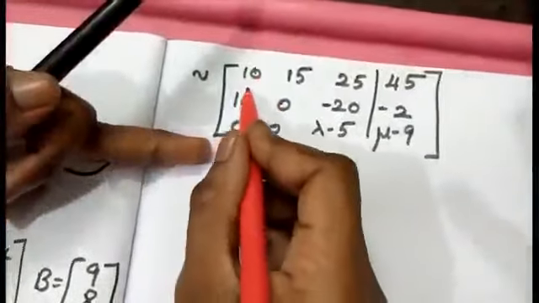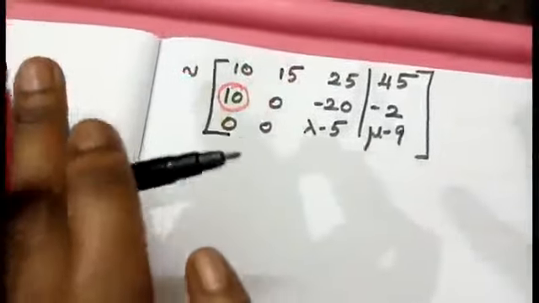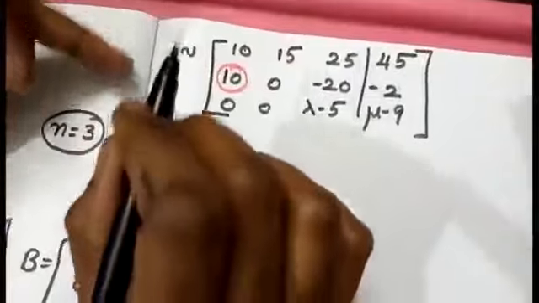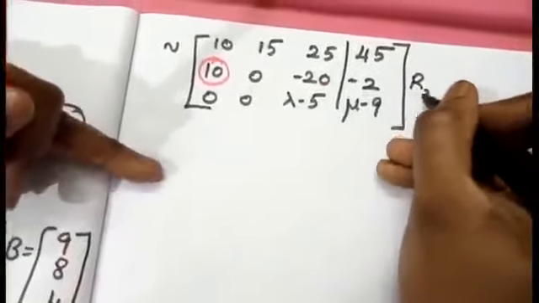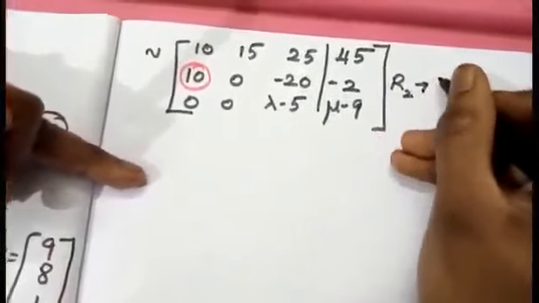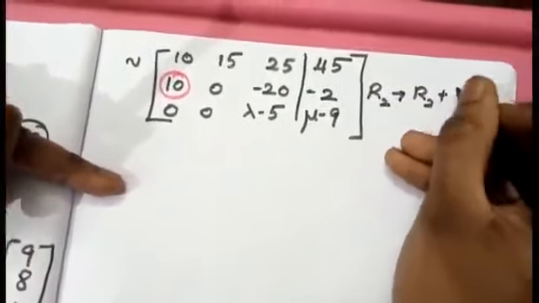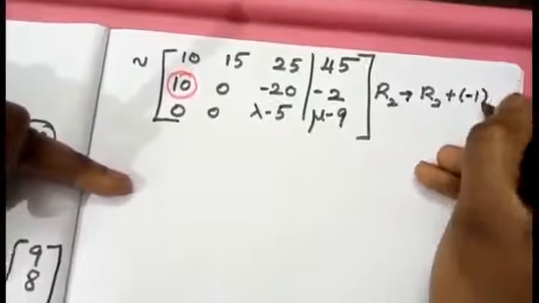Why I am doing this calculation is that in place of 10 I want to bring the value 0. So only one step I am going to do here, that is R2 implies R2 plus minus 1 R1.